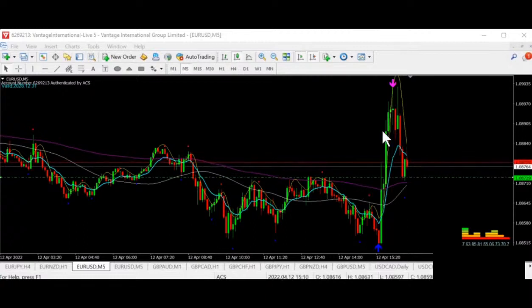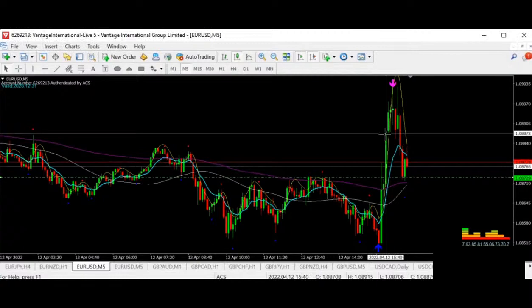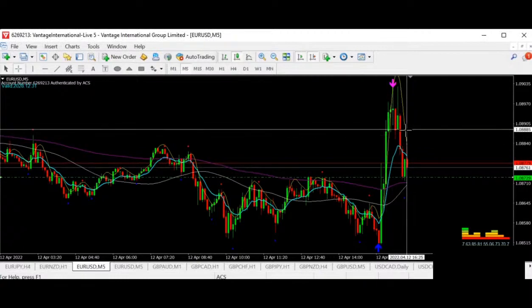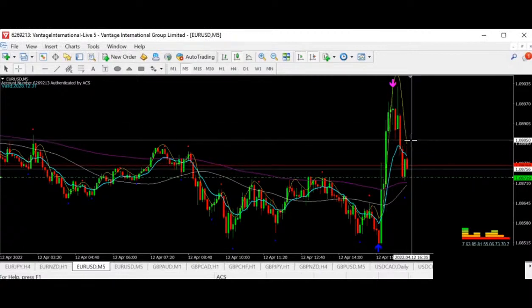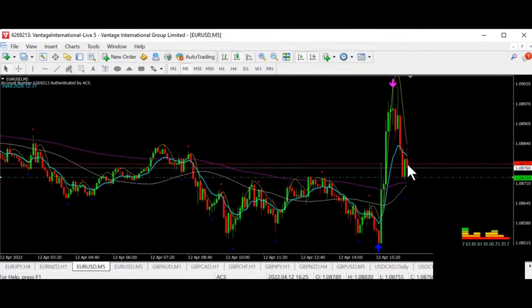Try building the lower resistance. Looking at this, as you can see, over here there is a support and it breaks down over here, so it's building a lower resistance.